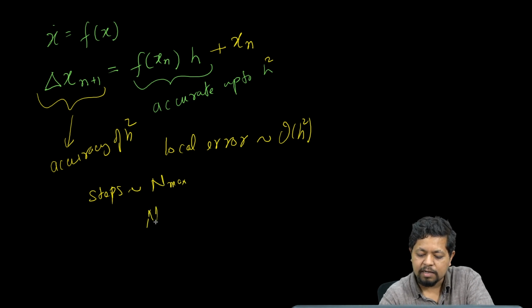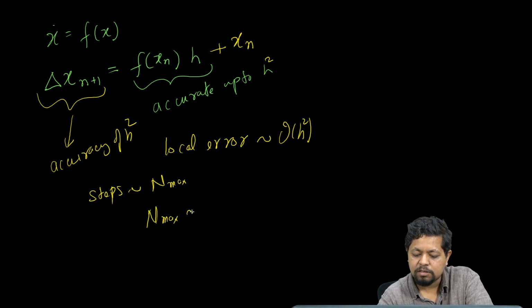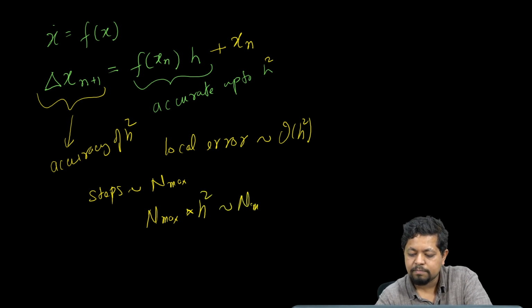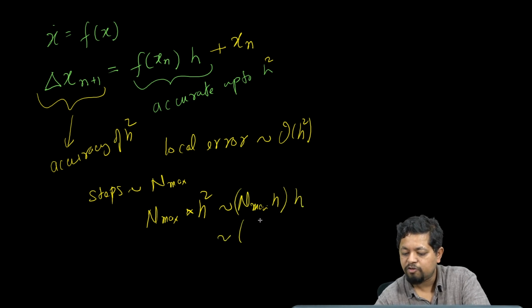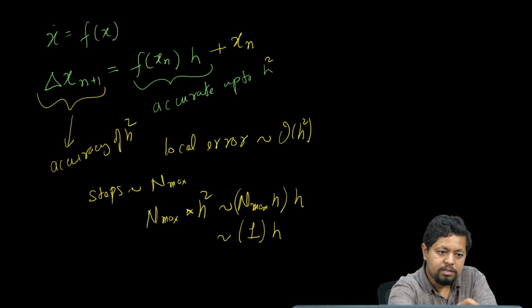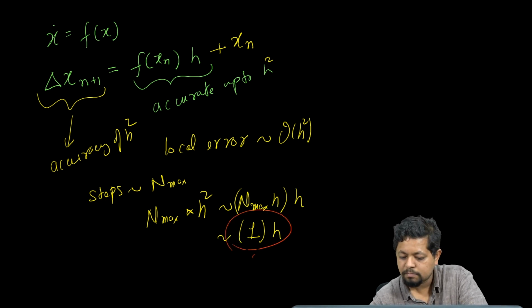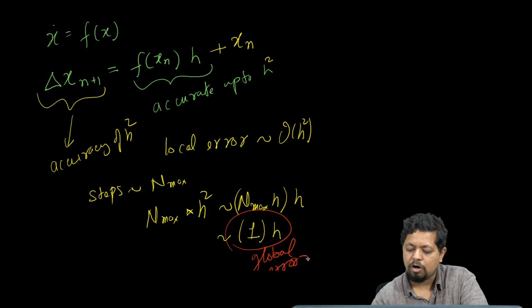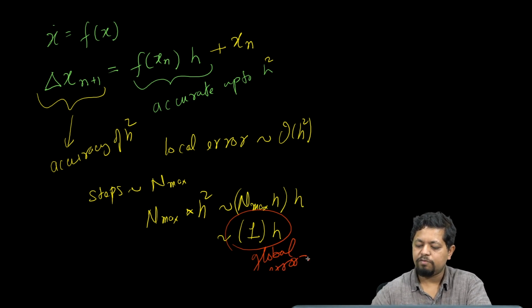Therefore n max times order h square is n max times h, and n max times h is nothing but tf minus ti, which is an order 1 number, and this is h. So therefore the global error becomes order h. And this is exactly what we are going to analyze now using numerics.